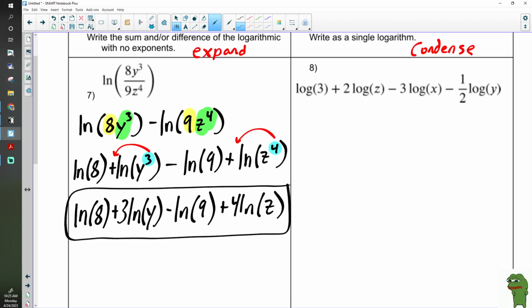There we go. Inside each logarithm, there's only one thing, so we're done. Expanded.